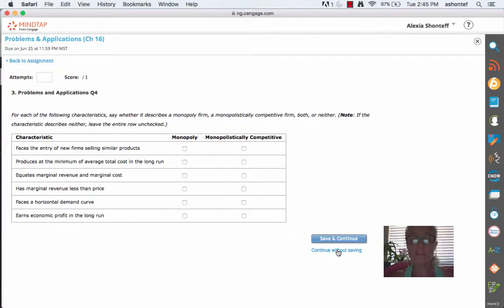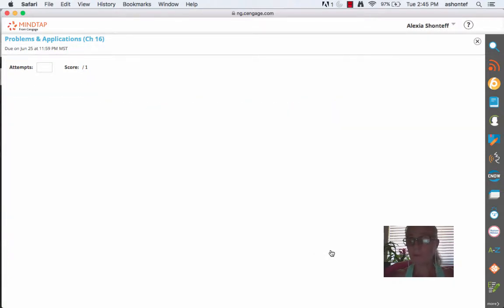Facing a horizontal demand curve, think about which market structure that only exists in. And then earns economic profit in the long run. That's saying which of these two market structures doesn't allow entry into the market, because that's going to be the one that can continue to make profit in the long run. And that's why firms want to maintain that monopoly status. We'll keep going.